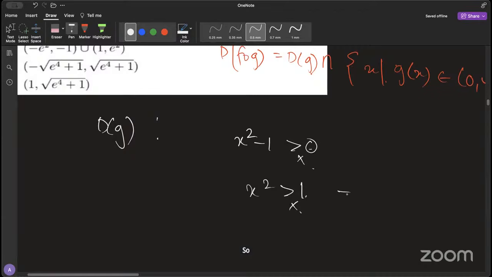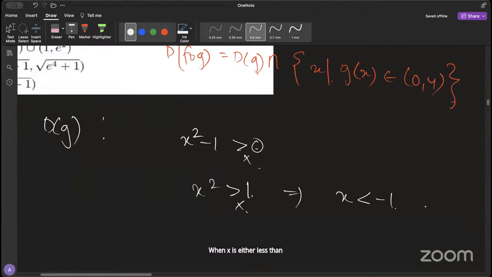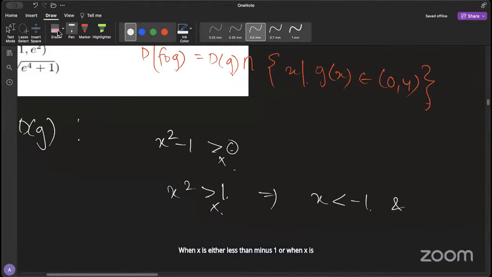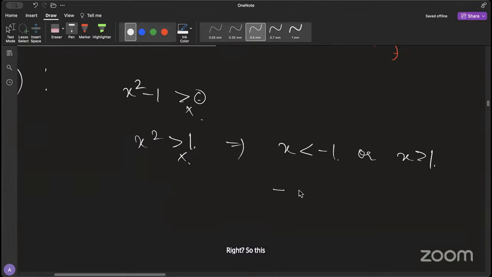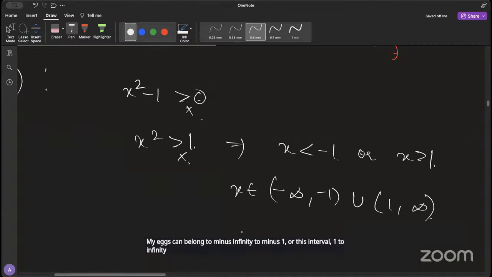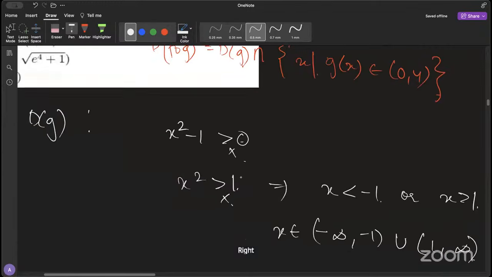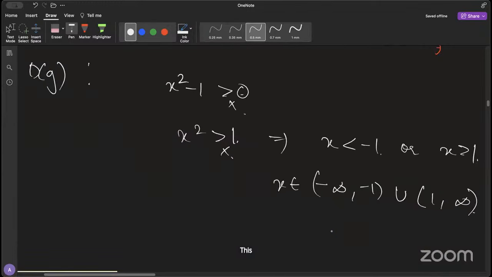So this is when x is either less than minus 1 or greater than 1, right? My x can belong to minus infinity to minus 1, or the interval 1 to infinity. This is the domain of g.